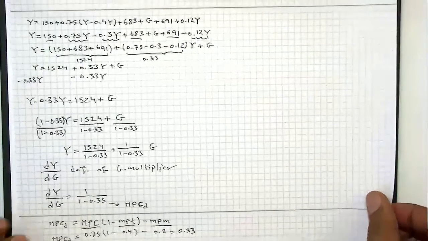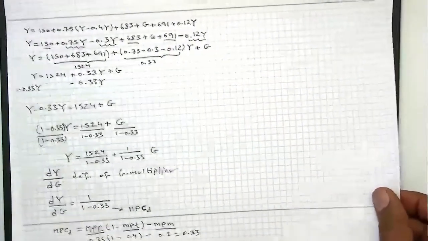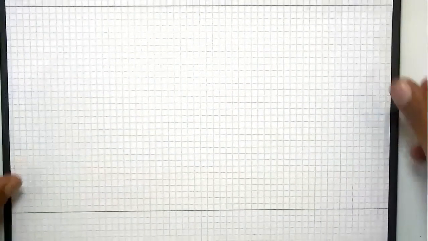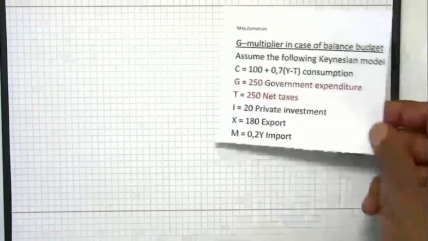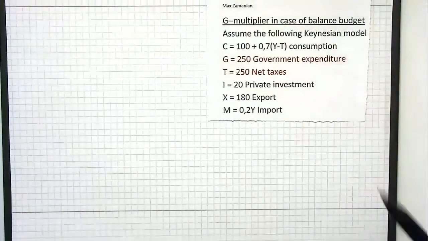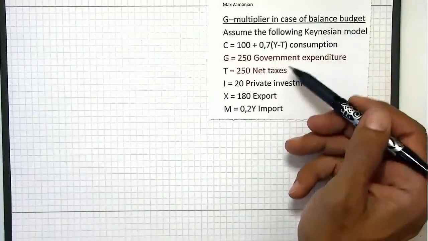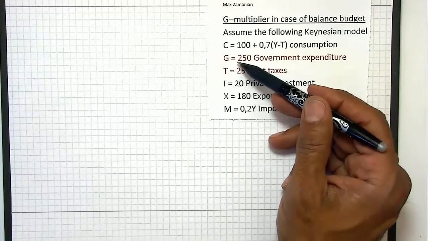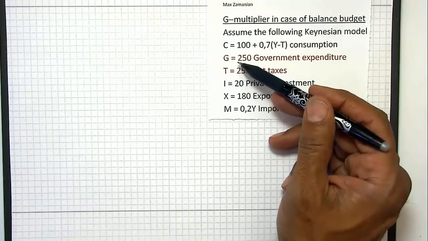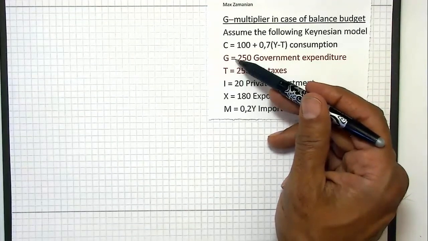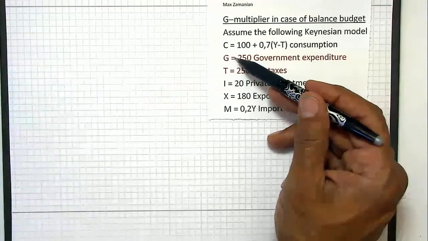Now I would like to go through the other problem that I showed you here, and that is the G-multiplier in the case where we make sure that the budget is balanced. It means that taxes are equal to government expenditure.